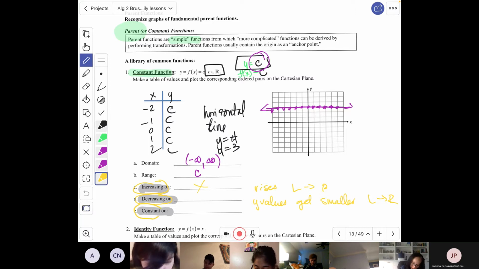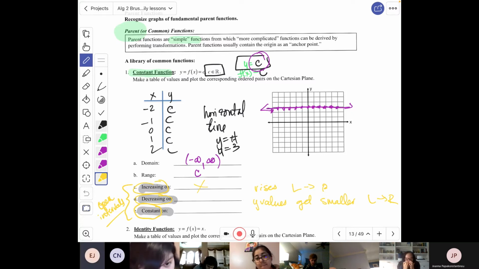So if I have a function where the y values are the same over an interval, we would define it on that open interval, right? So we always use open intervals when defining where a function is increasing, decreasing, or staying constant.